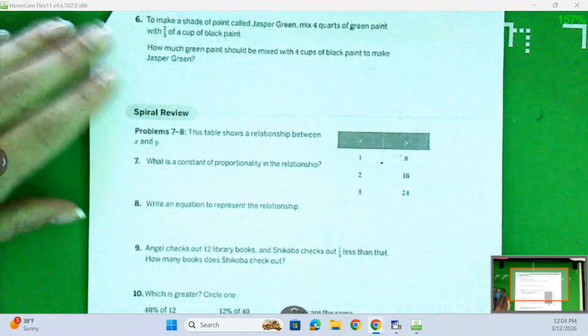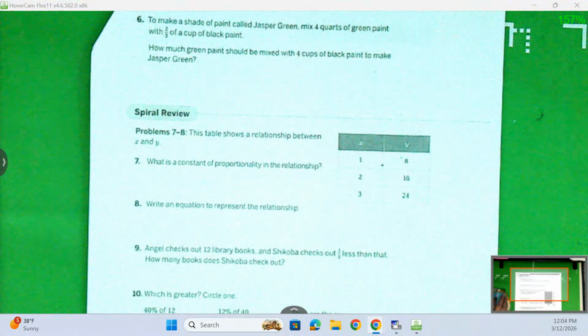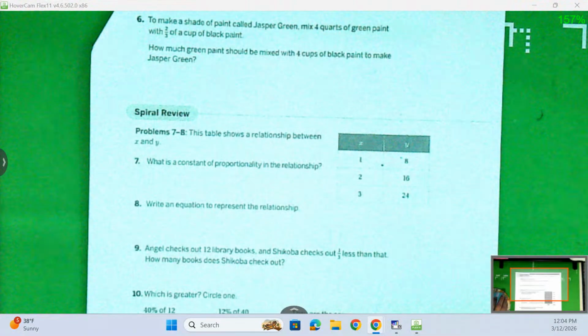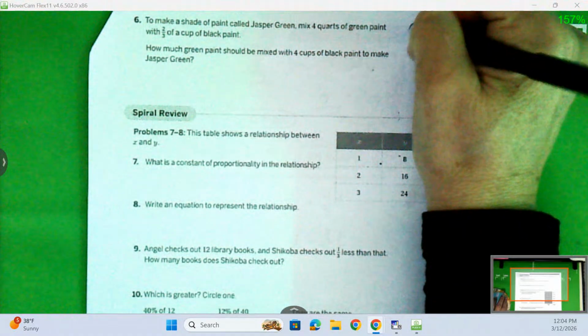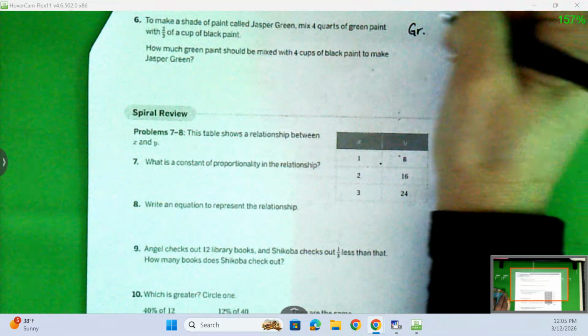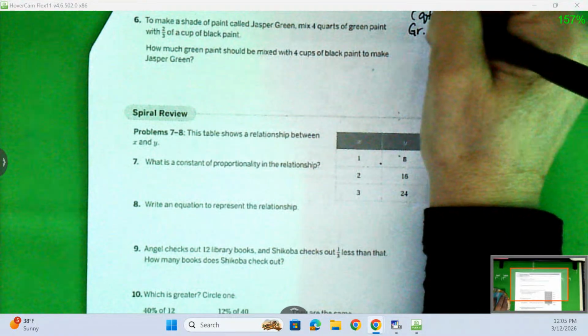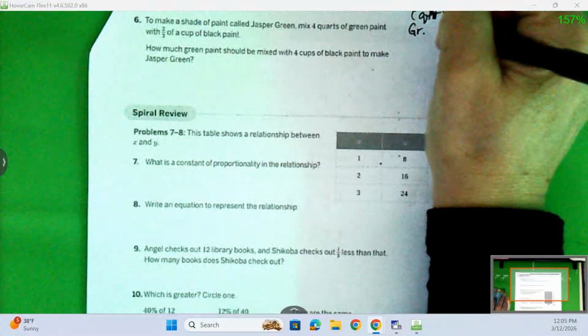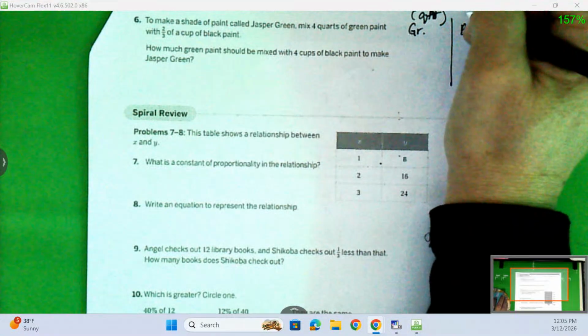Question 6. To make a shade of paint called Jasper Green, mix 4 quarts of green paint with 2/3 cups of black paint. How much green paint should be mixed with 4 cups of black paint to make Jasper Green? So I'm going to make a little chart here. Green, which the units are in quarts, and black paint, which is in cups.